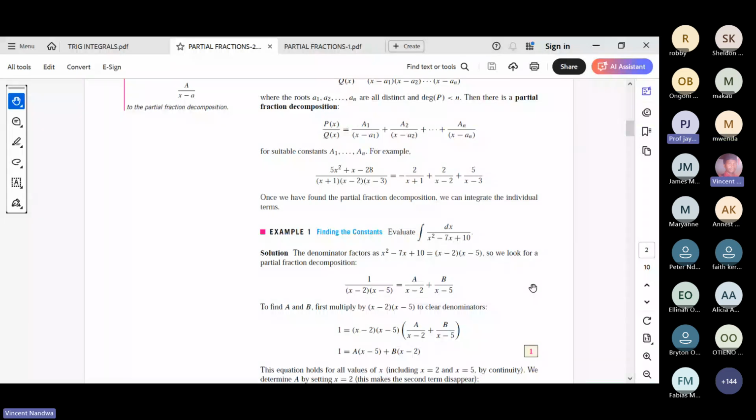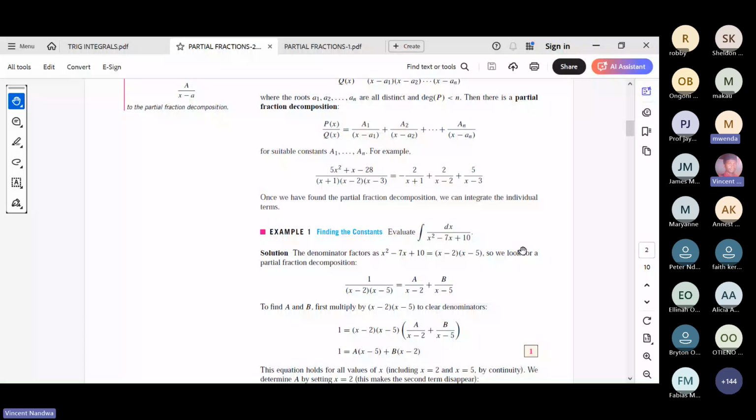The next step is to put these two fractions as one fraction. What would be the LCM of those two fractions? X minus 2, X minus 5. Correct. So the right hand side will have x minus 2, x minus 5 as the denominator.